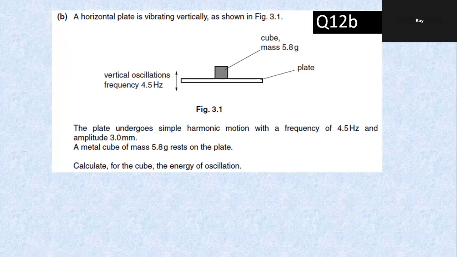How to do it? What should I do? Half kx squared. How to find k? Using the formula. Wait, let me see.